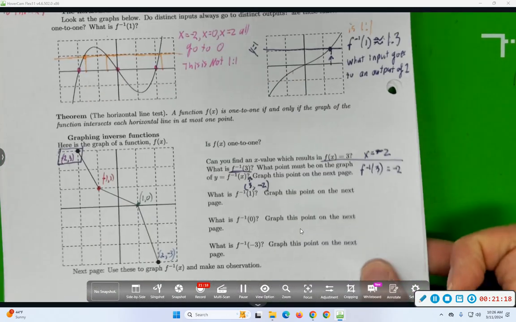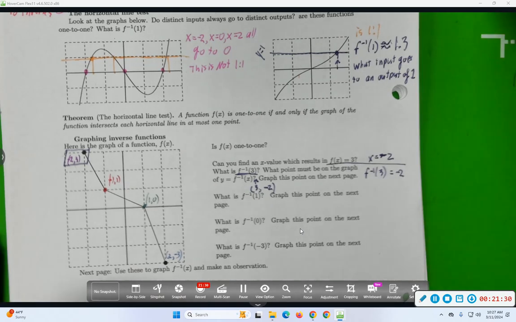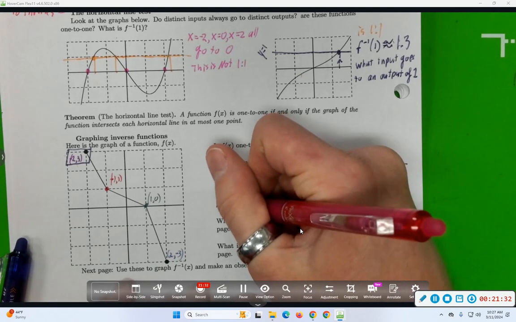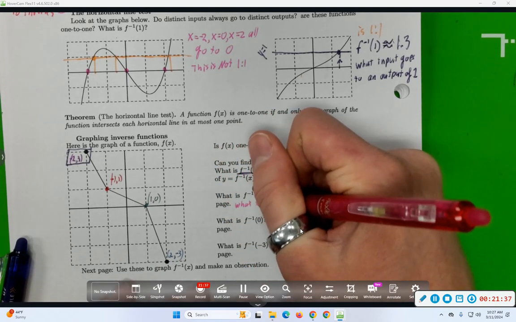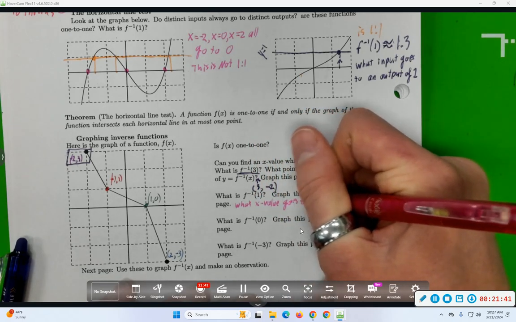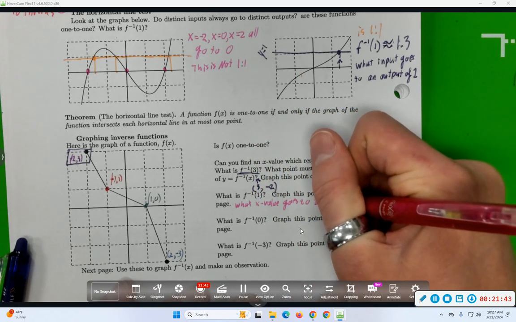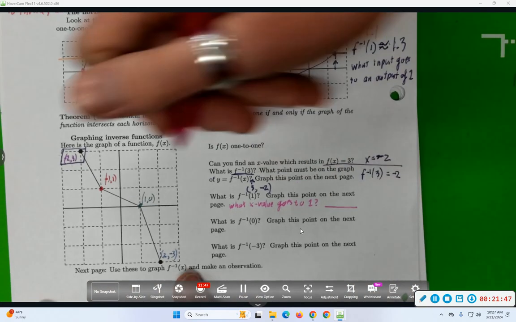I think I'll do it one more time with some guidance, and then I'll let you do the remaining 2. So let's try to compute f inverse of 1. To do that, I want to know what x value goes to 1.